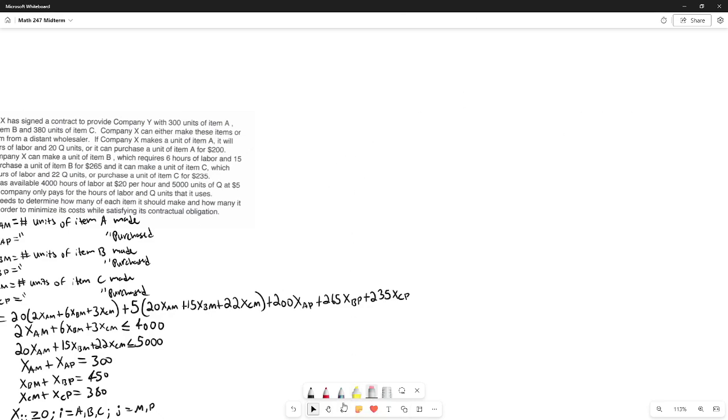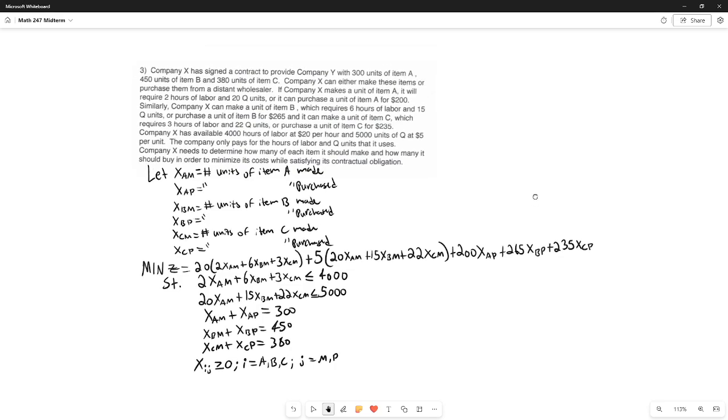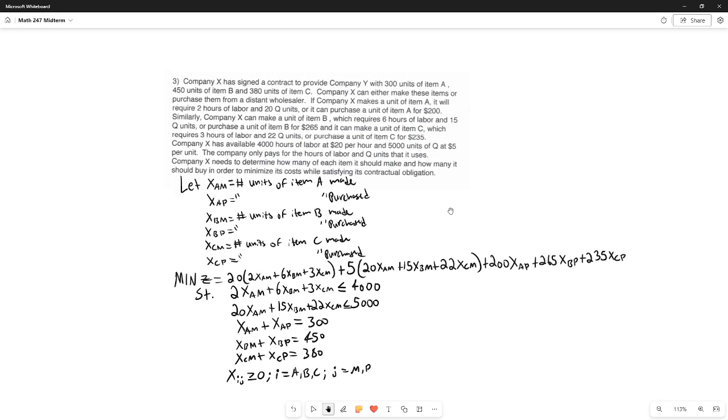This is one situation where you have the choice of the hours and the Q units. You have the choice of either using an unknown or not. That's one option. And the other situations are given on the practice exam that she gave.